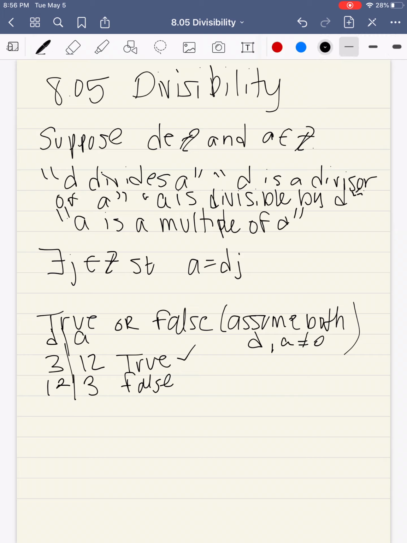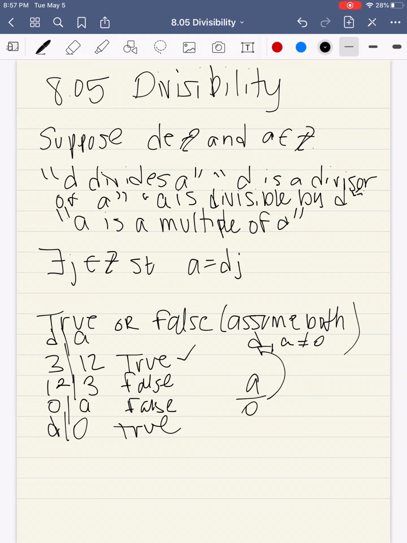So here, looking at this, let's get some other notation. If we have 0 divides a, this is false, because then we would have a divided by 0, and we've assumed that d is not equal to 0, so this would be false. D divides 0, that is true.